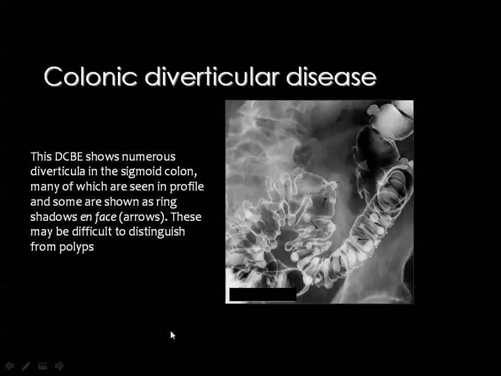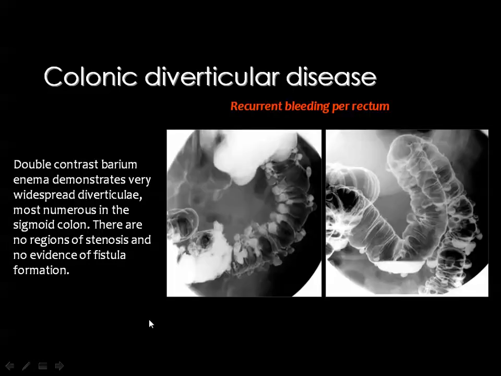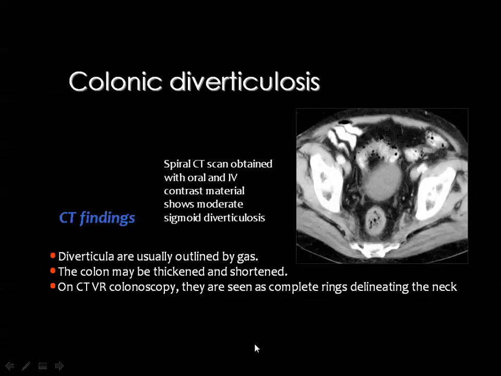And this is a good example of a double contrast barium enema showing numerous diverticular outpouchings filled with barium as well as air, heavily located in the region of the sigmoid colon and the descending colon as well. This is also a good example of diverticular disease of the colon affecting the left side. Most of the diverticuli are filled with barium, and some of them contain air. This is uncomplicated diverticular disease of the colon.